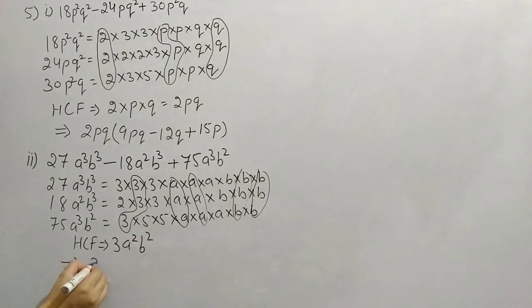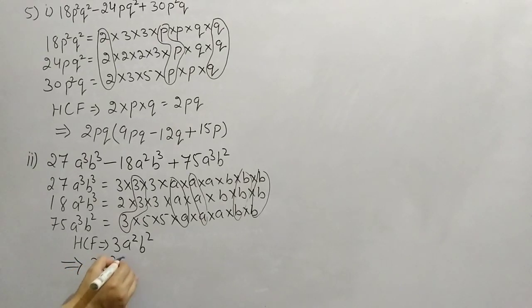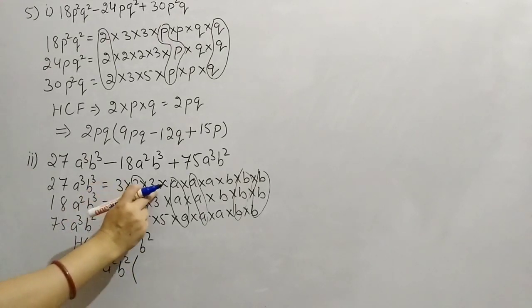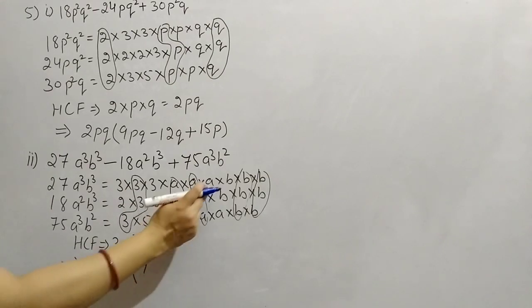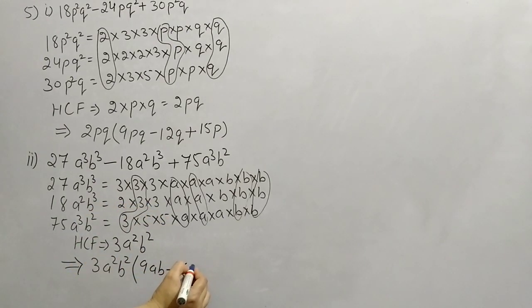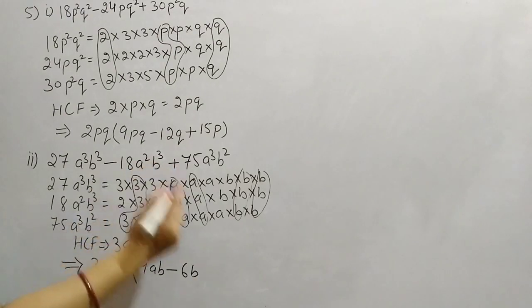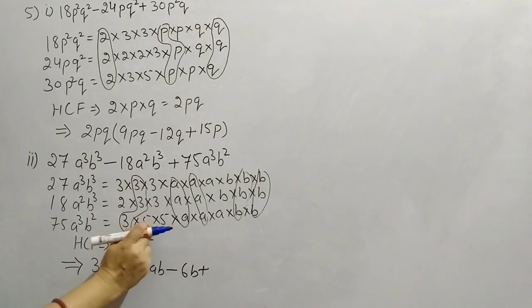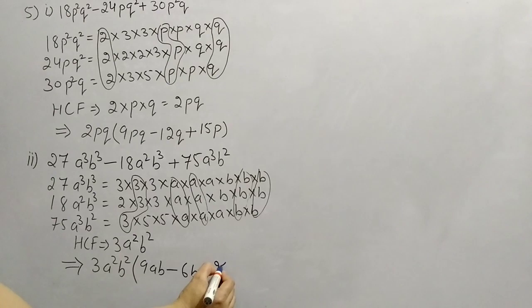Factors will be 3a square b square, in bracket 3 into 3 is 9ab, then minus symbol, 2 into 3 is 6b, then plus symbol, 5 into 5 is 25a.